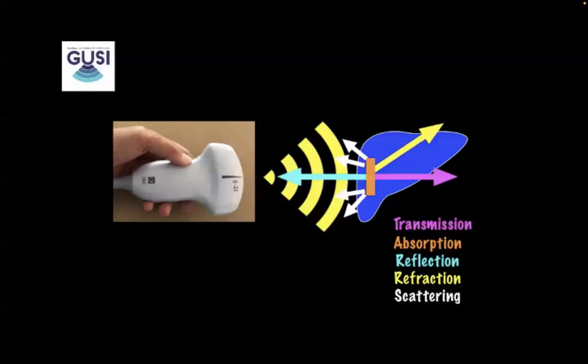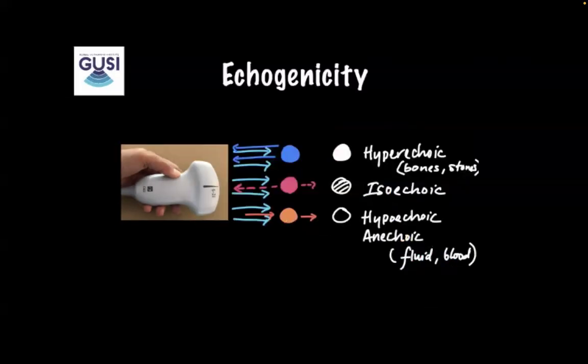As an ultrasound probe shoots waves out into the open, these waves can be transmitted, absorbed, reflected, refracted, and scattered all over the place. That corresponds to the color of ultrasound. As you may know already, ultrasound is black, white, or gray.